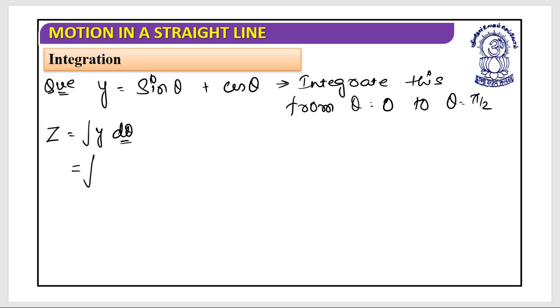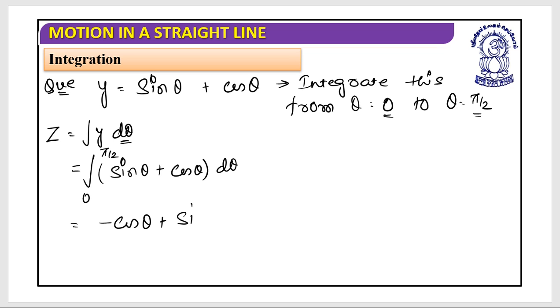Z is equal to integration of sine theta plus cos theta d theta, and that should go from 0 to pi by 2. So integration of sine theta, what is it? Yes, it is minus cos theta, and integration of cos theta is sine theta. Let's write this as sine theta minus cos theta, from 0 to pi by 2.